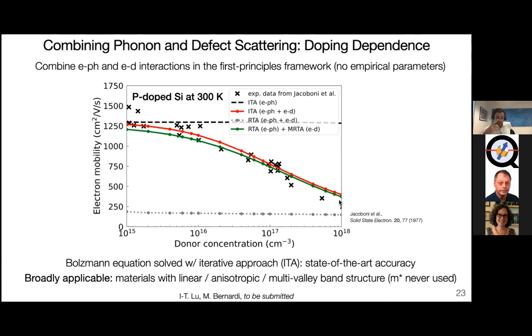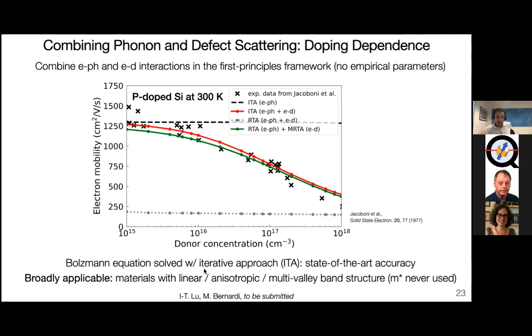What's interesting is that electron-defect calculations have typically used an effective mass approach, where one uses analytic formulas that use the effective mass. Obviously, that framework is not suitable for materials that have multiple valleys or anisotropic band structures, but also in particular for systems like topological semimetals, which have linear dispersions, the effective mass model cannot be used.